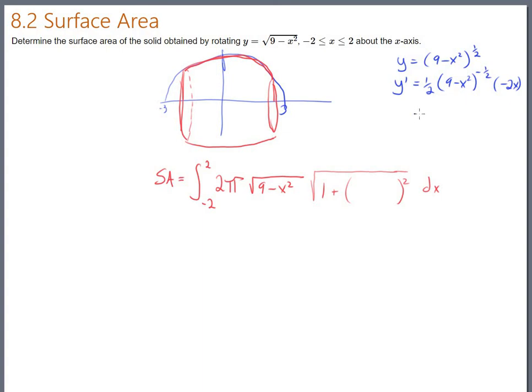We can clean that up a little bit. The 2 and the 2 cancel, and the 1/2 power comes back down to the bottom.